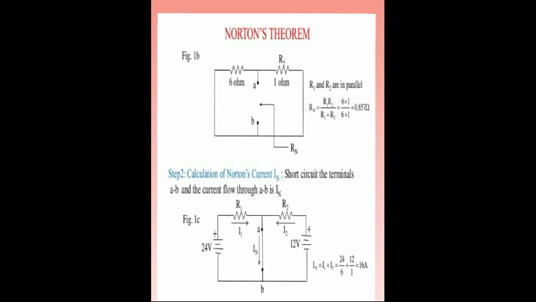So we know that point A and B both are equipotential points because there is no element in this branch.